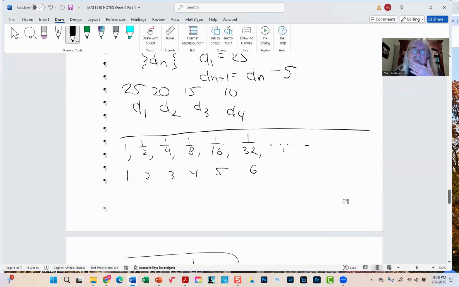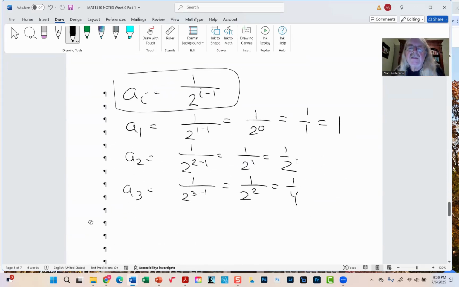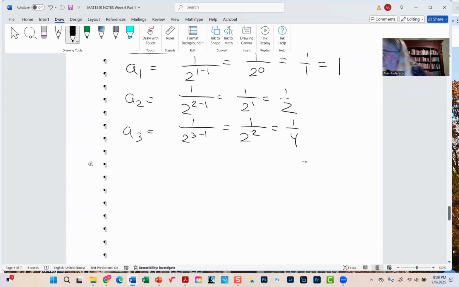So if we take the limit of the index as it goes to infinity, it makes sense that this would go to zero. And if that happens, then we say that the sequence is convergent.